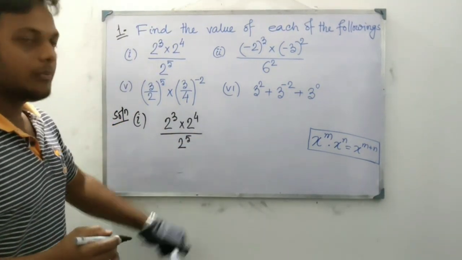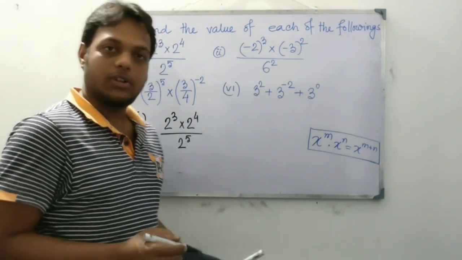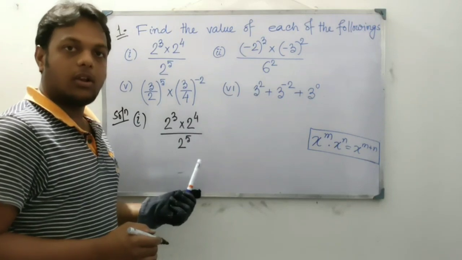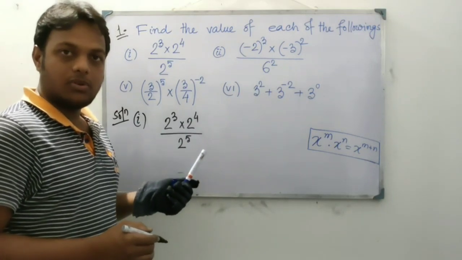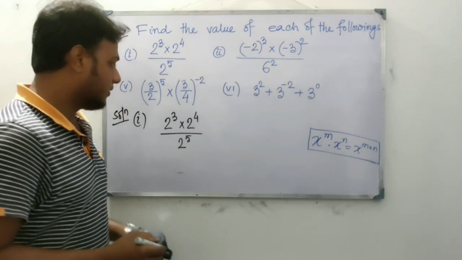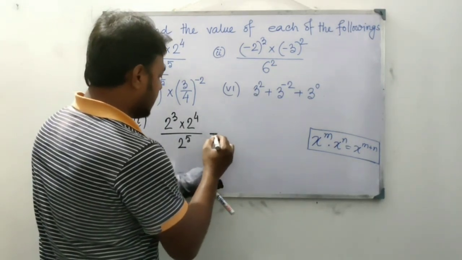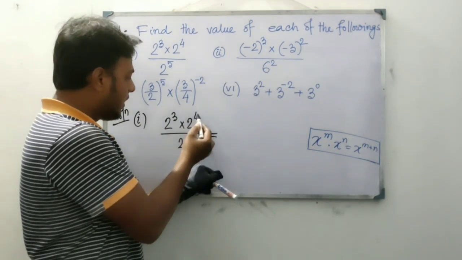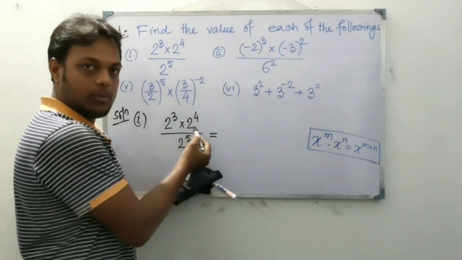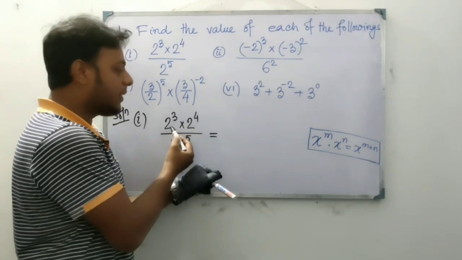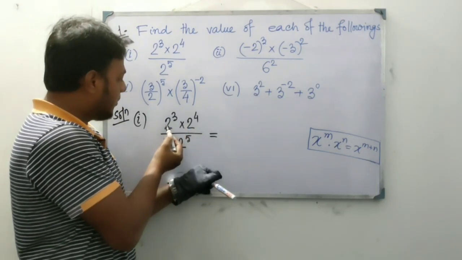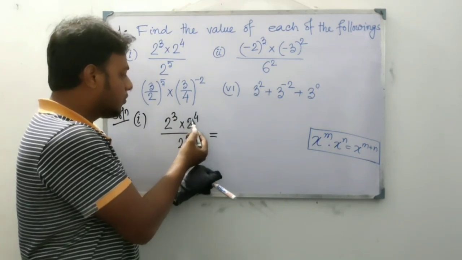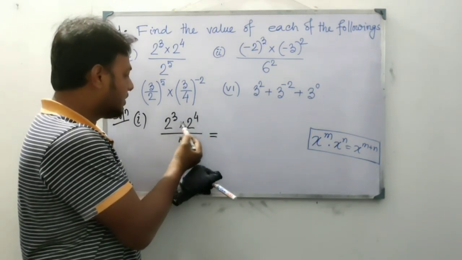You can use the basic concept of exponent, but we will use the laws of exponent here, since we have to become habituated with this. 2 to the power 3 is an exponent number, and 2 to the power 4 is another, and both have base 2.